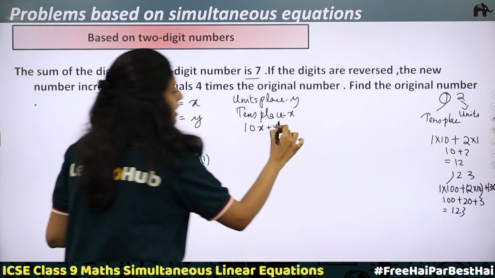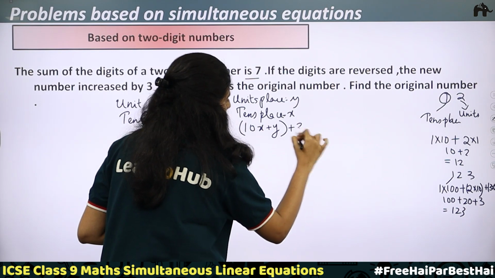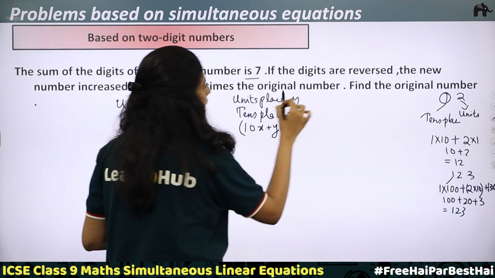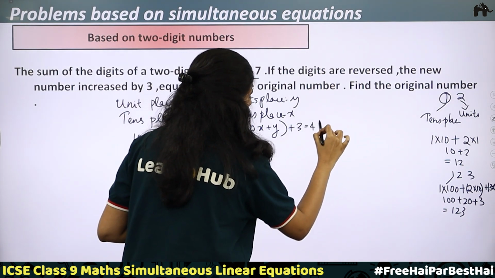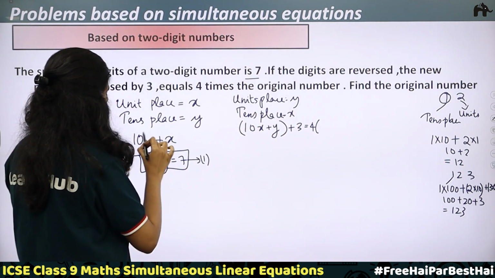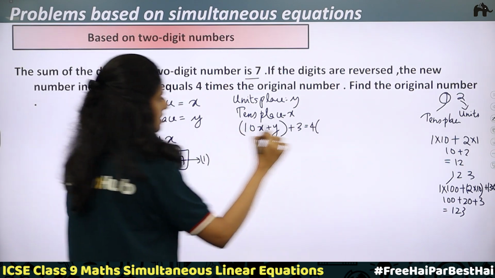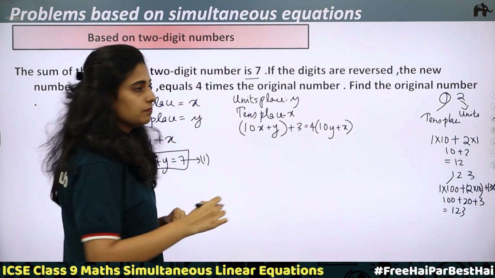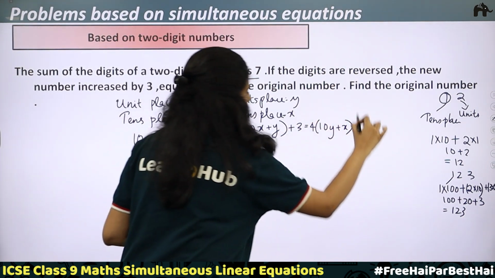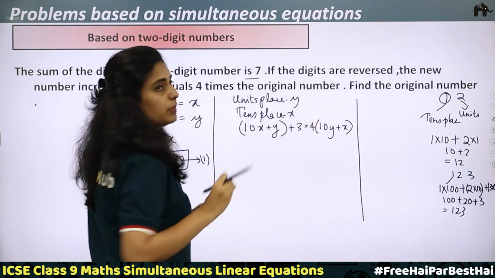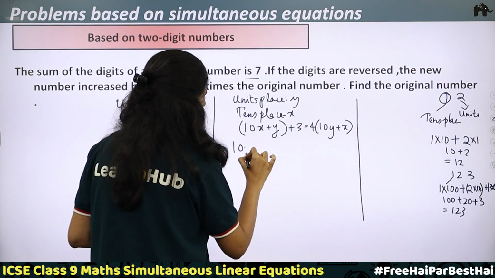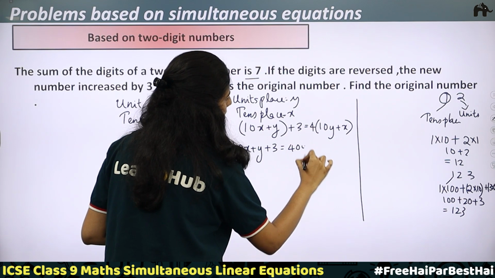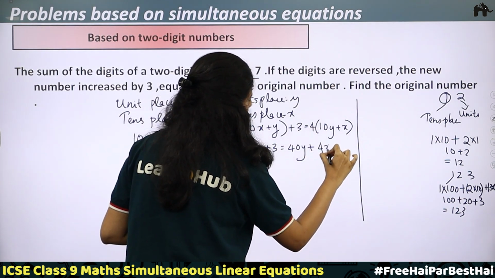When it is increased by 3, that is adding 3 to it, will be equal to 4 times the original number. So what is the original number? Original number is 10y plus x. Okay. From this you will be getting the second equation. 10x plus y plus 3 is equal to 40y plus 4x.